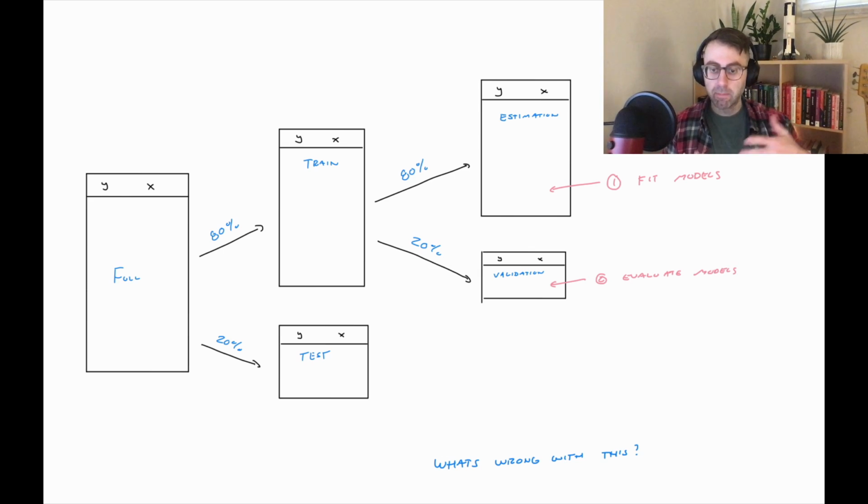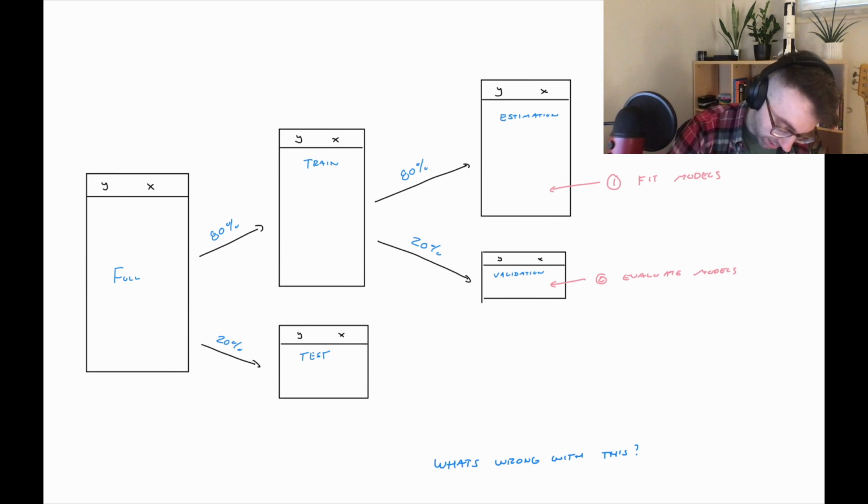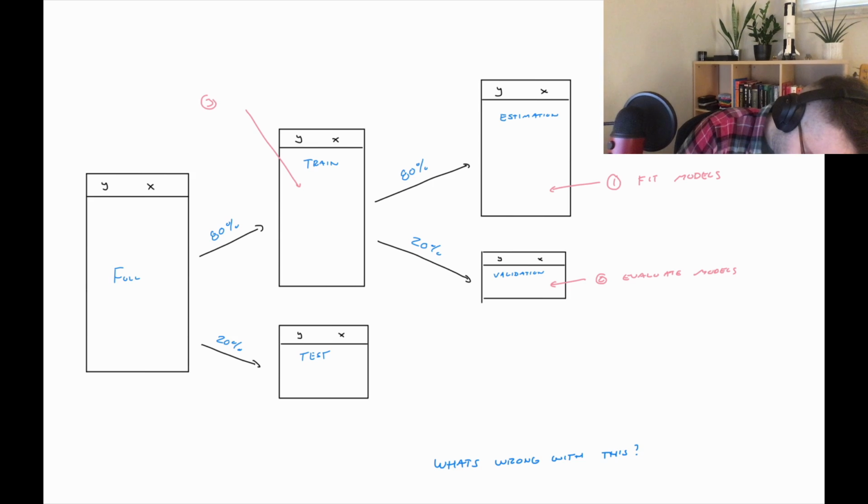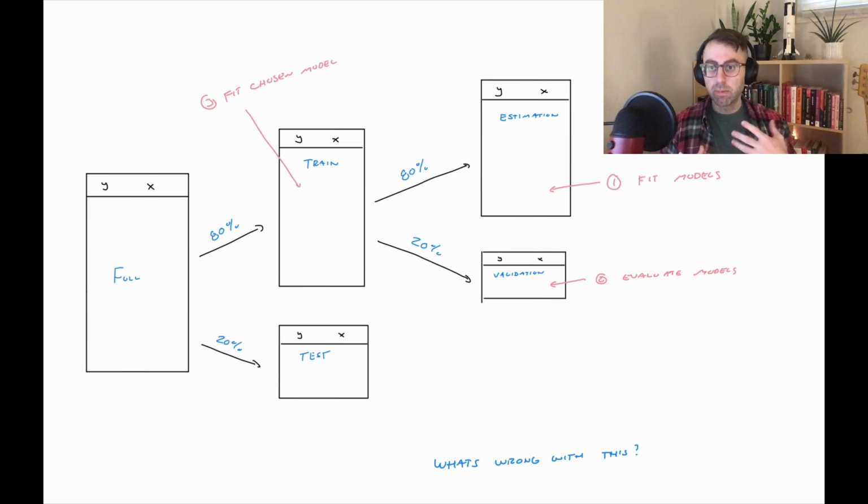And then based on that, we select a model. So far, we've just been saying, whichever model gets us the lowest error or the best metric in the validation data, that's the model that we're going to use. And then that we fit to what we call the whole training data. So we say fit the chosen model. And then the purpose of the test set was to say, okay, now that we've selected our model, how well does it work?